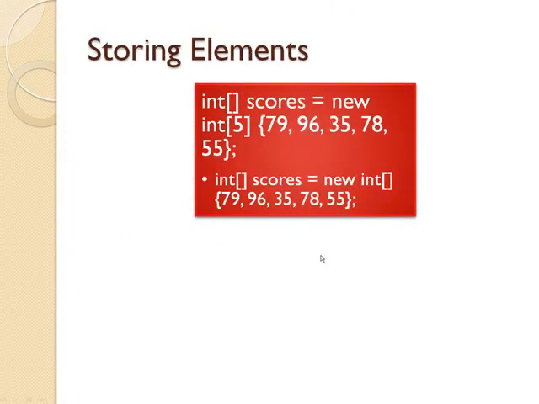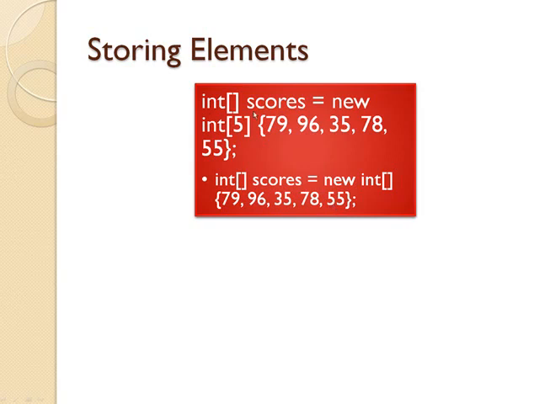Here are some other ways of storing elements in an array. Here is one, int scores new int 5. We already have seen this one. Here we are creating an array named scores with initially 5 elements, and we have provided the elements. Another way of doing it, int scores new int. You do not have to provide 5 in this bracket, just provide the numbers, and it will take 5 automatically.